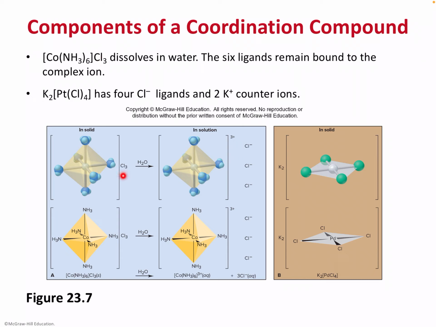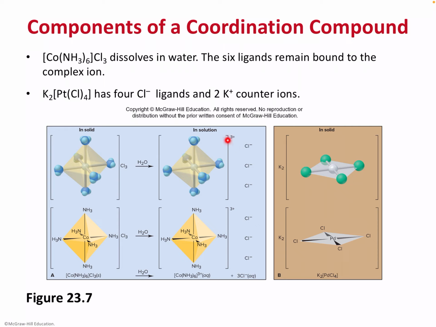This is the solid form of this complex. You can see the written form: cobalt in the center, and these 6 are ammonia ligands, in solid with 3 chloride anions. When you put it into water, they are going to dissociate into ions, and cobalt with the 6 ammonia ligands will stay as a complex ion, and the chloride will dissociate.